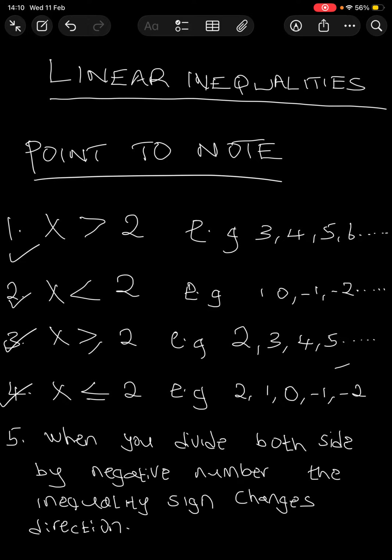So I want us to do example 1, and I want us to emphasize point number 5. Point number 5 says, when you divide both sides by a negative number, the inequality sign changes direction. Example 1 is solve for x in the linear inequality.